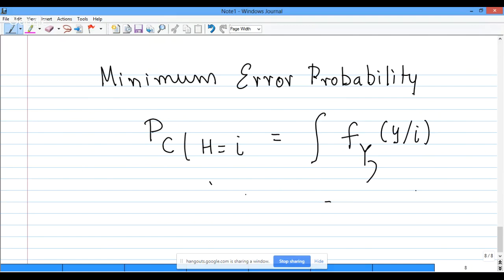Here y is the received random variable, and small y is the numerical value of this random variable. This is the likelihood function given that we have transmitted hypothesis i. Now you will make a correct decision if the received numerical value falls in the decision region corresponding to hypothesis i, which I indicate with tau of i.